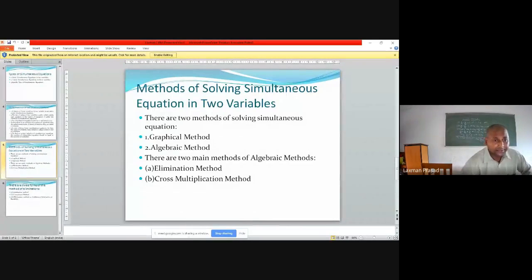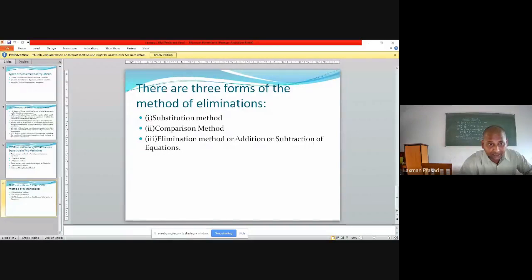And this elimination method, again this elimination method, is solved by further 3 methods. Substitution method, substitute. If there is an equation like 2x minus 3y equals to 3, so find out the value of x and substitute the value of x in equation 2.